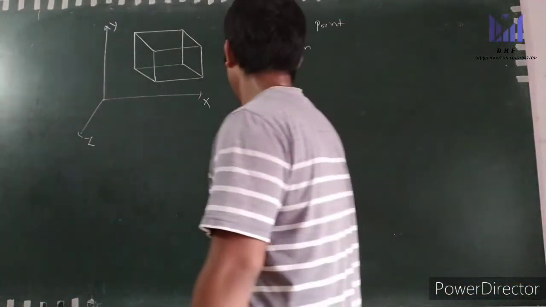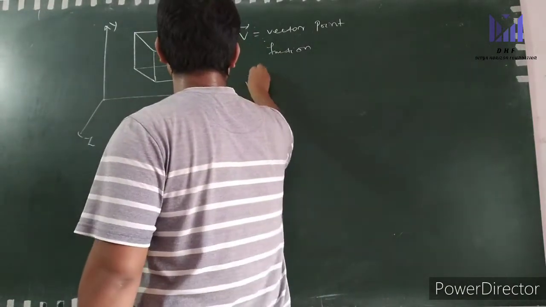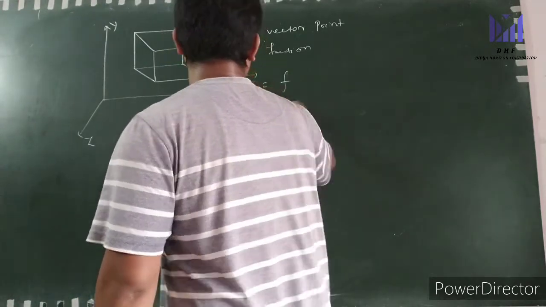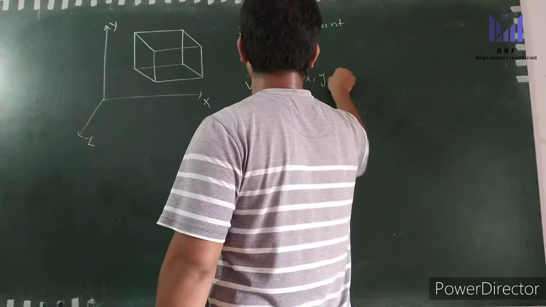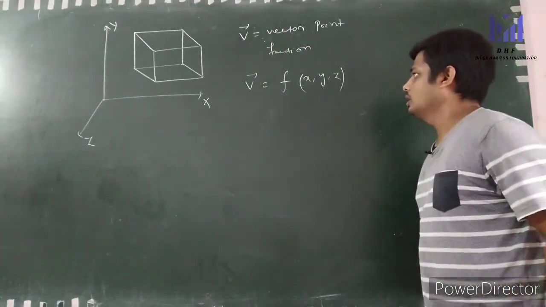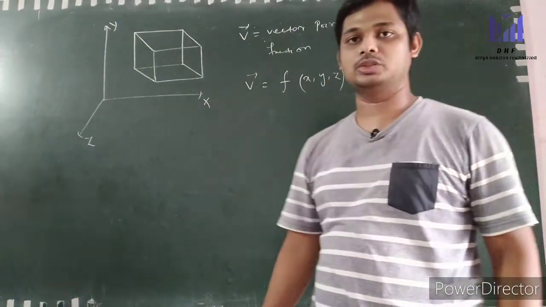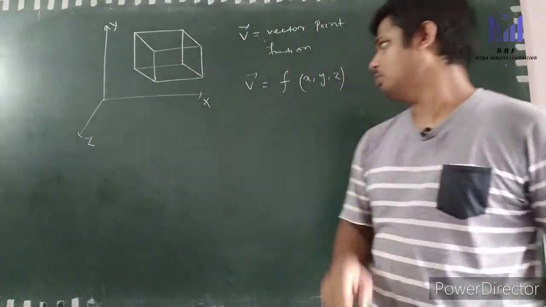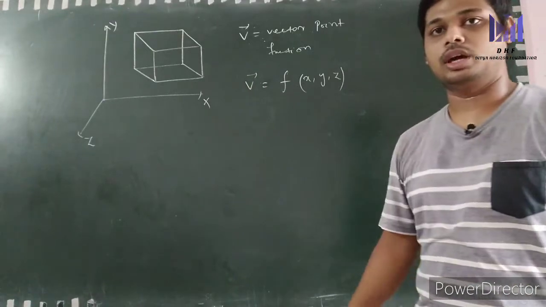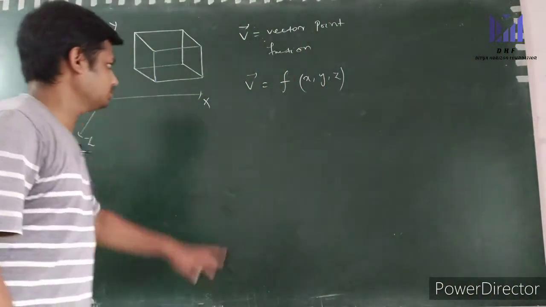So at each point the vector V has a different value, meaning vector V is a function of coordinates x, y, z. At a particular point with a particular value of x, y, z, the function V has a particular magnitude and a particular direction.